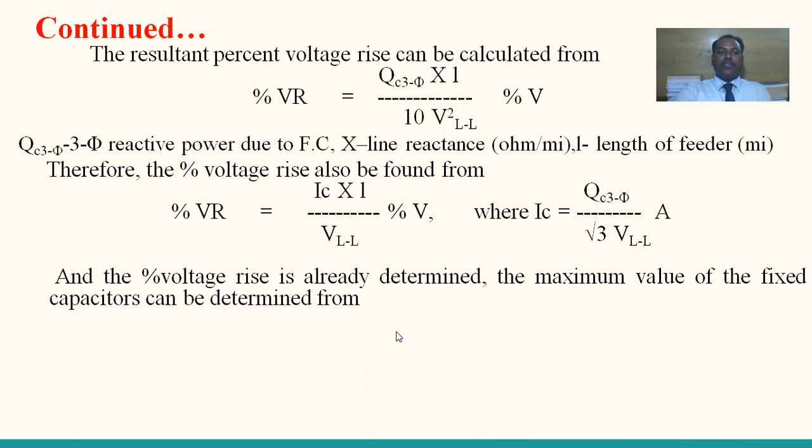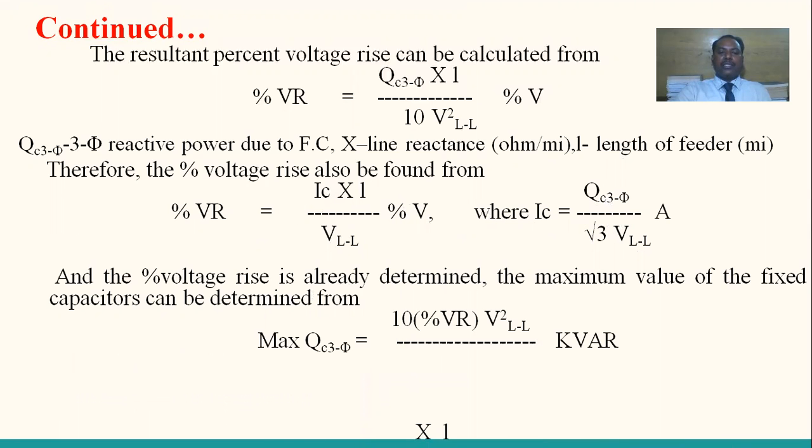The maximum value of fixed capacitors can be determined from this equation: maximum value of QC 3-phase is equal to 10 into percentage of voltage rise into V squared line to line by XL kVAR.